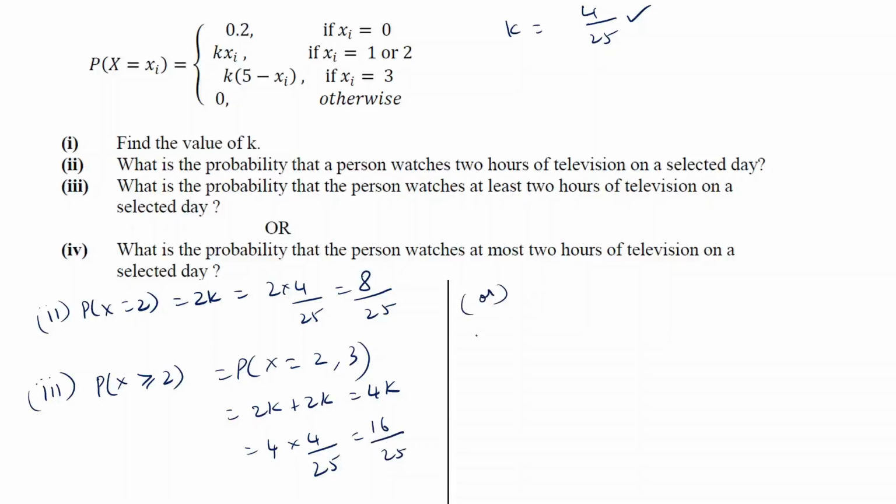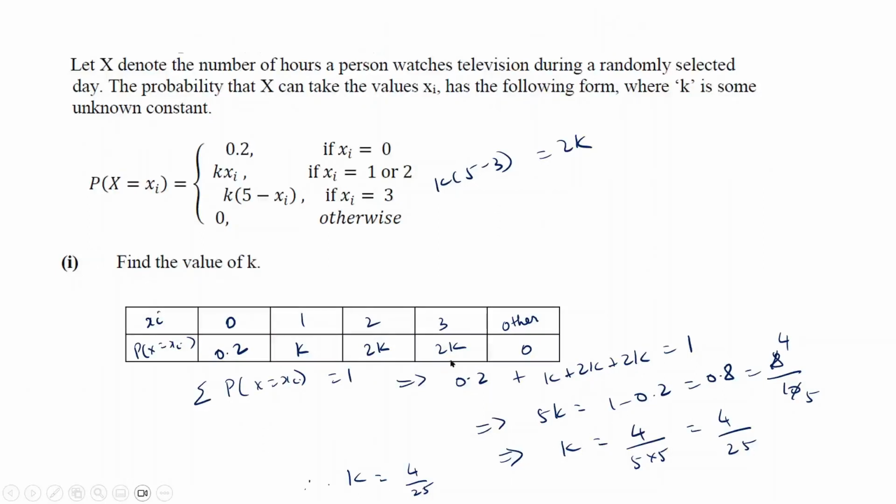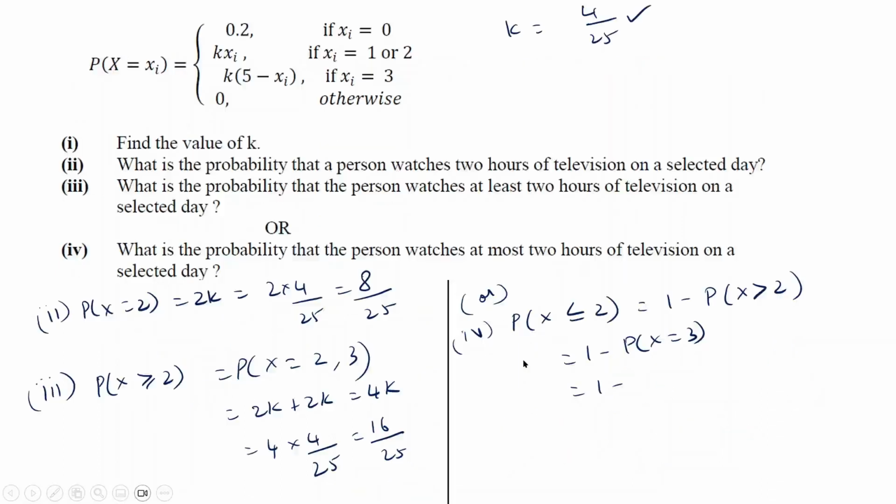The R part: what is the probability that the person watches at most 2 hours of television on a selected day? At most is probability of X less than or equal to 2. So, probability of X less than or equal to 2 is 1 minus probability of X greater than 2, or 1 minus probability of X equal to 3. Probability of X equal to 3 is 2K, because for other values of Xi it is 0.